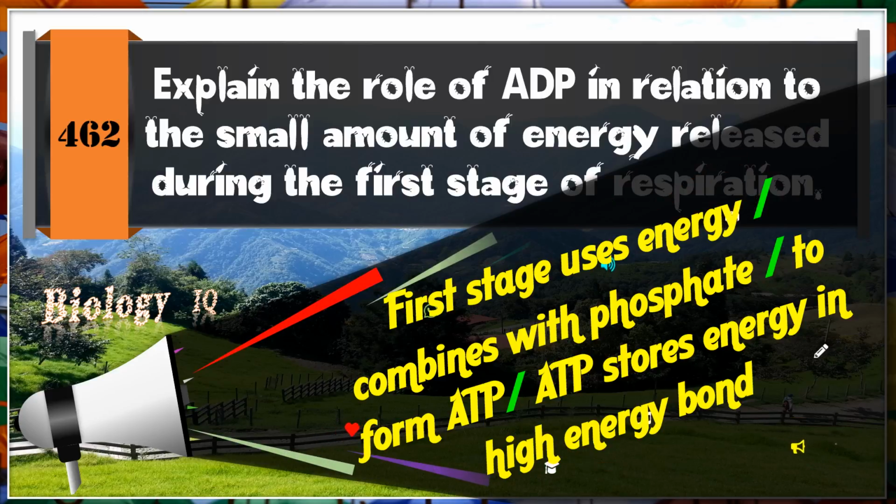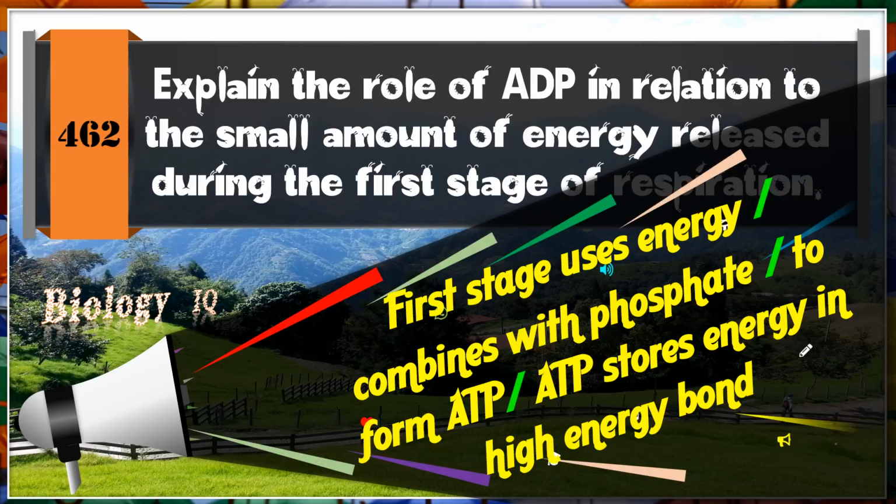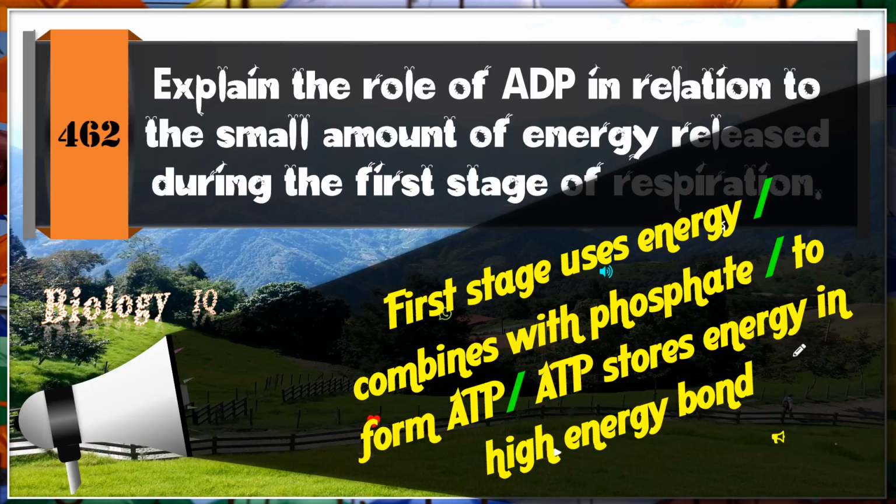ADP combines with a phosphate group to form ATP. ATP stores energy in its high energy bonds.